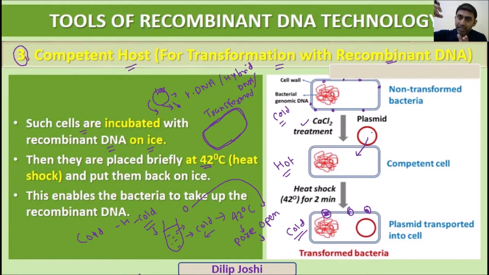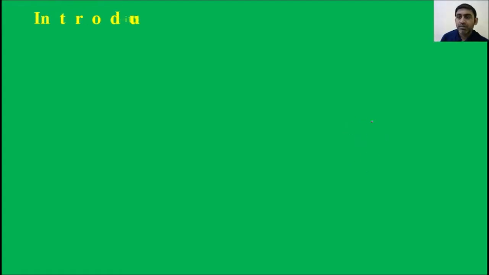Once the plasmid is introduced inside the bacterial cell, this phenomenon is nothing but the competent host. So this is called a competent host. These competent hosts are required for the transformation of recombinant DNA, that is, the introduction of recombinant DNA into the cell.